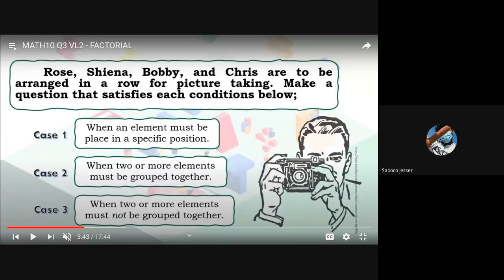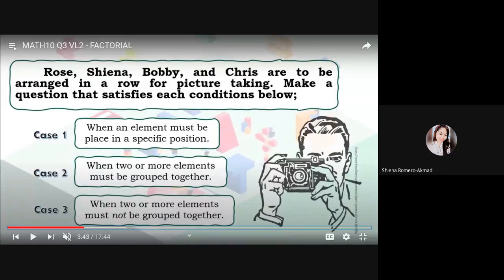Ma'am, ako po. Sige. Case 1 po, di ba, ma'am? Rose, Sheena, Bobby, and Chris are to be arranged in a row for picture taking. Chris wants to stand out, so he wants to be in the first row. So, ano bang gusto mo sabihin doon?